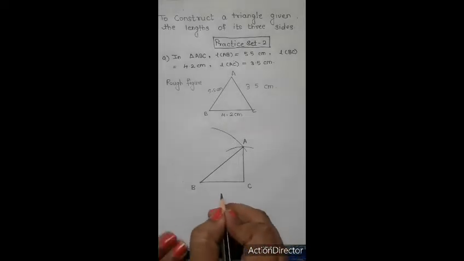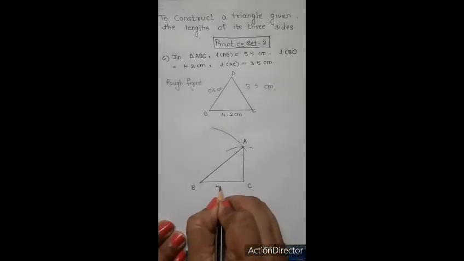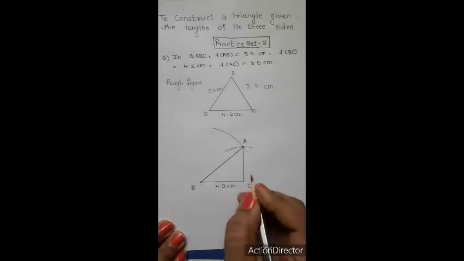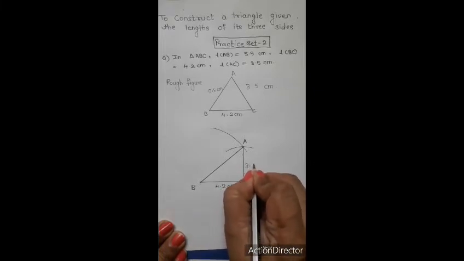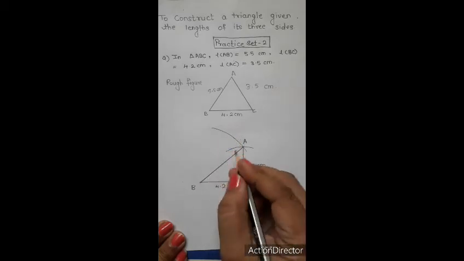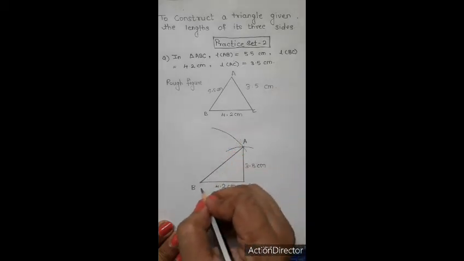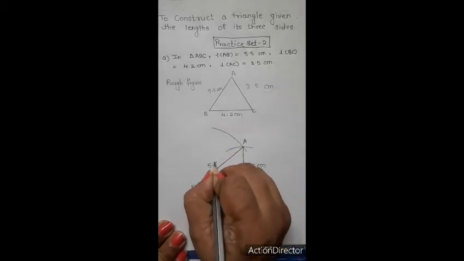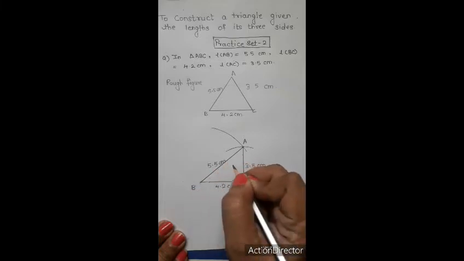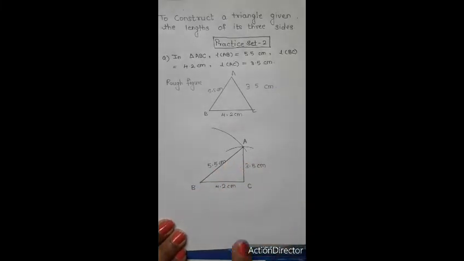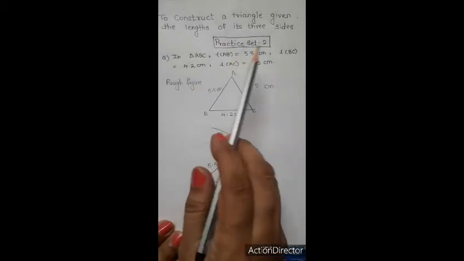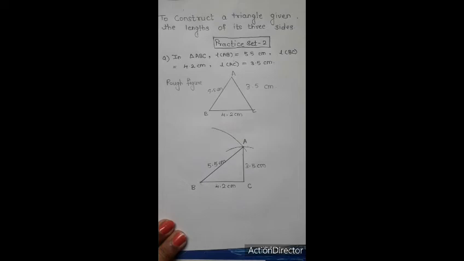You can label the measurements: 4.2 centimeters, 3.5 centimeters, and AB is 5.5 centimeters. So this is how we have to construct a triangle when the lengths of 3 sides are given.